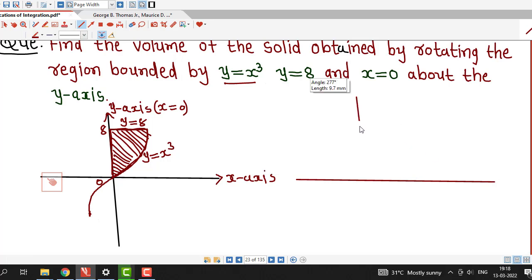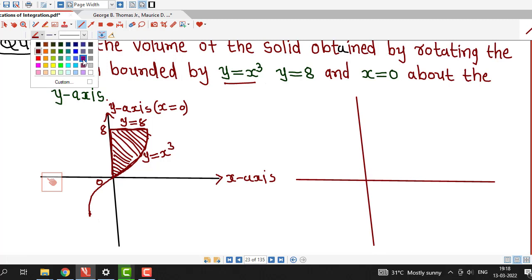So first we again consider this x-axis and y-axis, and now we try to imagine, or we try to sketch the rough sketch of the shape of a solid which will be generated by revolving about y-axis. Here the rotation is about y-axis, so we will consider rotation of this region about y-axis.